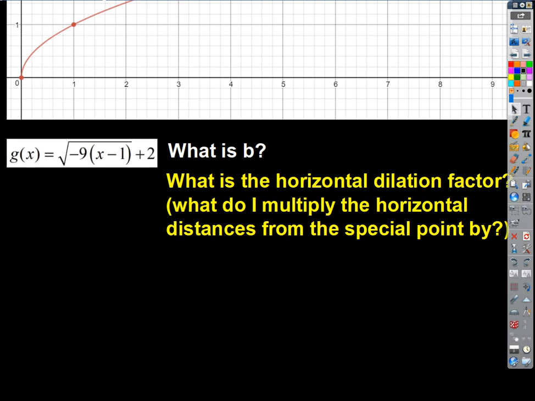What's the value of A here? One. So nothing's happening vertically, right? What's the value of B? What is it? Not 9. Negative 9. Right? B is negative 9.